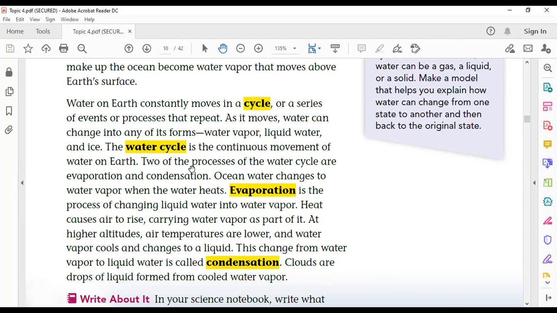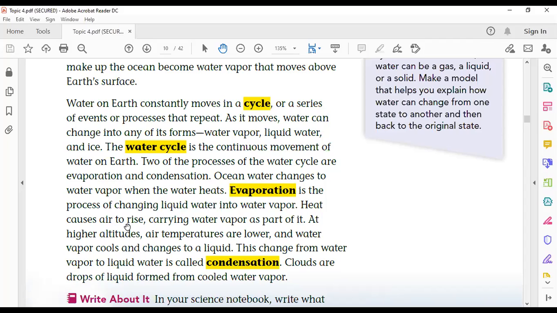Ocean water changes to water vapor when the water heats, but not only ocean water. When water gains heat or energy, it changes from liquid to water vapor. So evaporation is the process of changing liquid water into water vapor.